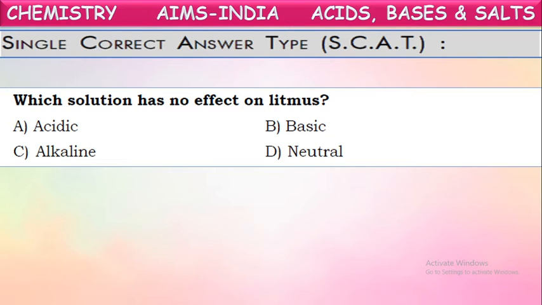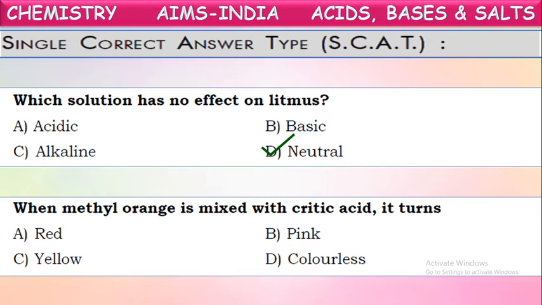In the same way, basic substances change red litmus to blue. Only neutral substances have no effect on litmus. So the answer is neutral substances.